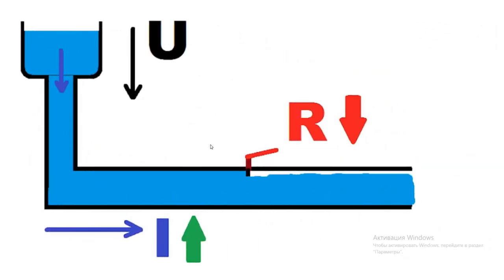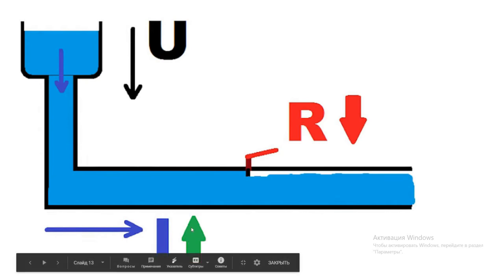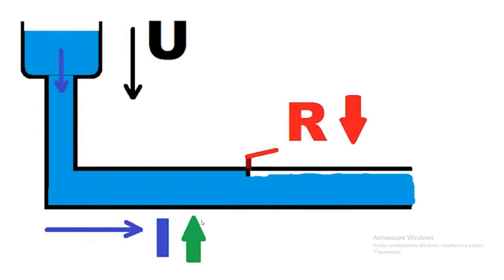On the contrary, when we open a tap, the resistance will decrease and the amount of water, that is the current, will increase. The higher the resistance, the lower the current. The lower the resistance, the higher the current.